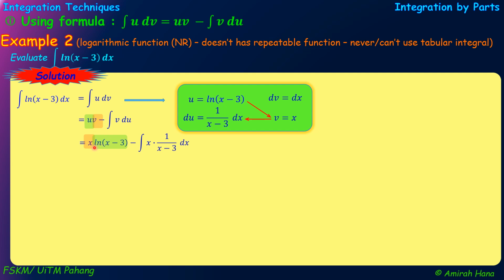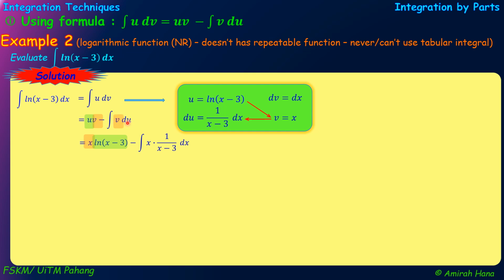So, to avoid error, we write x in front. Then we have the minus sign, and then the integration sign from this formula.